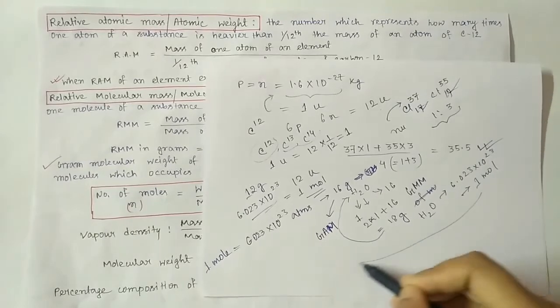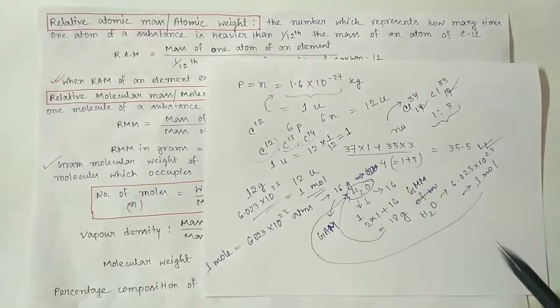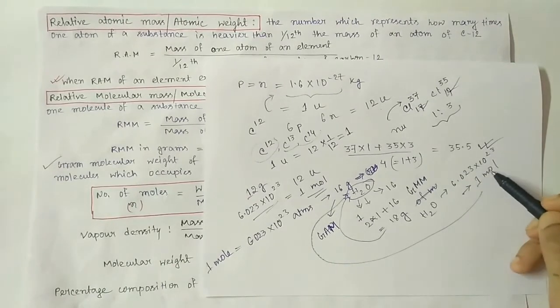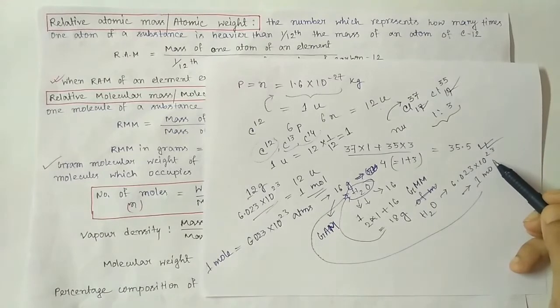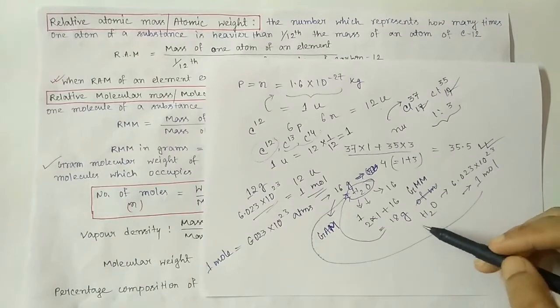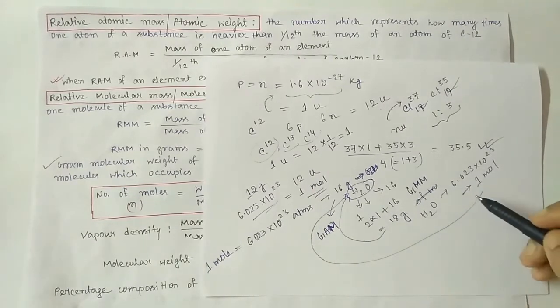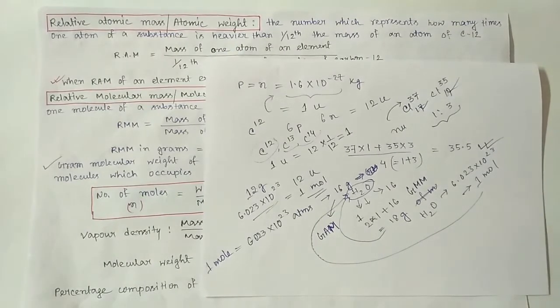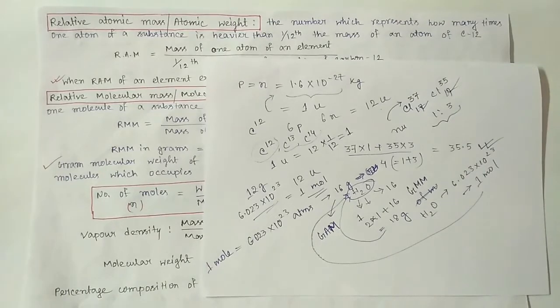So here for H2O, as this is a molecule, we can say that 1 mole contains 6.023 × 10^23 molecules, that is equivalent to the gram molecular mass of H2O, that is 18 gram. So this is the mole of molecules. Simply you can say that 1 mole contains 6.023 × 10^23 molecules and is equivalent to the gram molecular mass of any given substance. So this is the definition of mole of molecules.